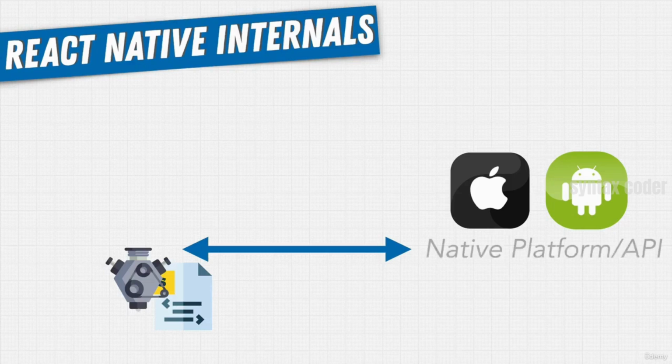So what happens is we have the native platform API that the developers at Apple and developers at Google have created for their own operating systems. And then React Native has this thing called React Native Bridge. And this React Native Bridge is written in C++ and Java to communicate.